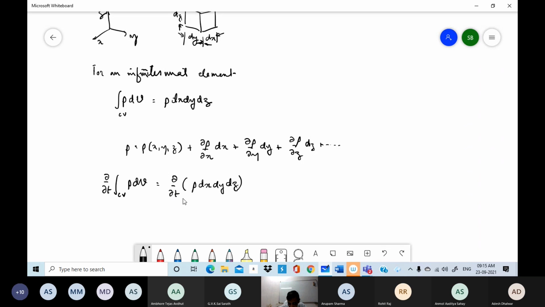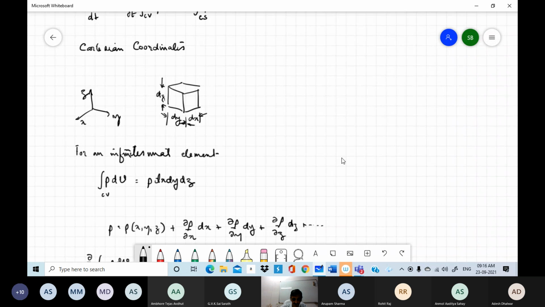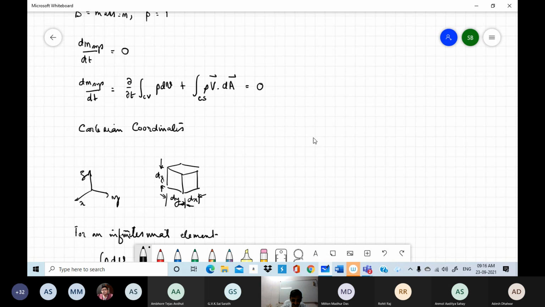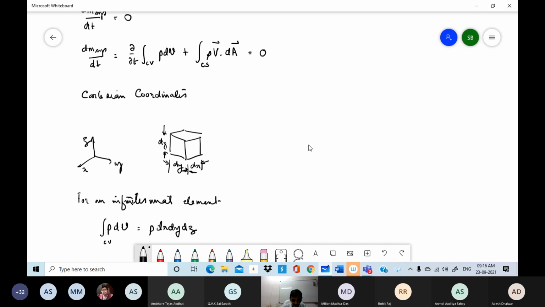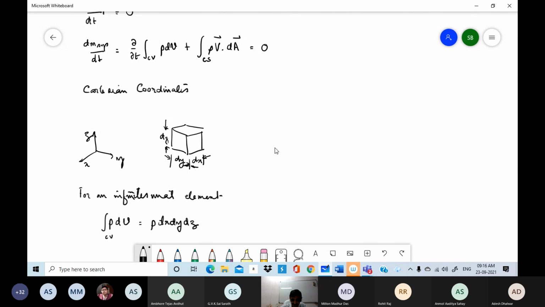So if I take the differentiation with respect to t, this will give me, so that takes care of this term. Now we have to evaluate this.